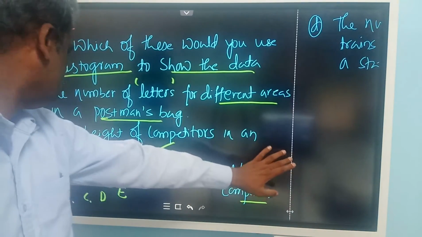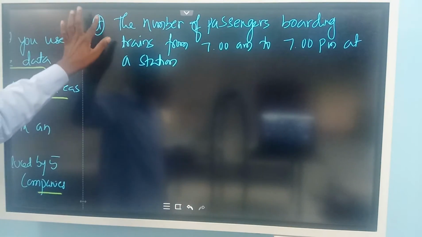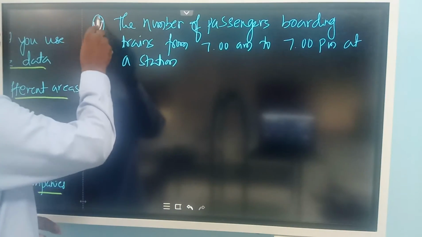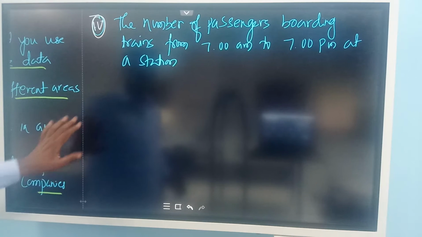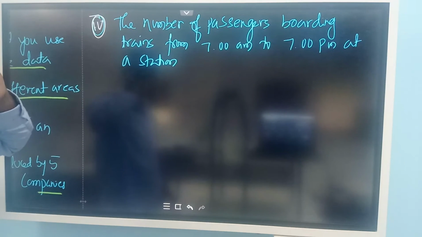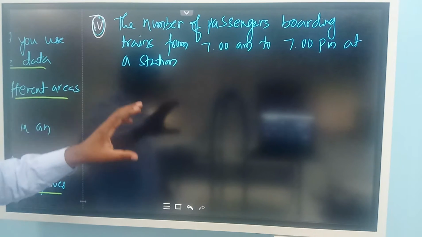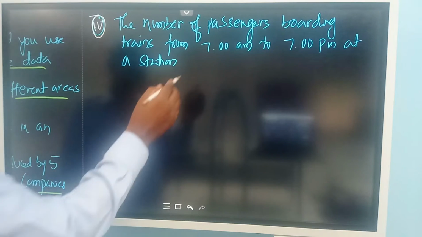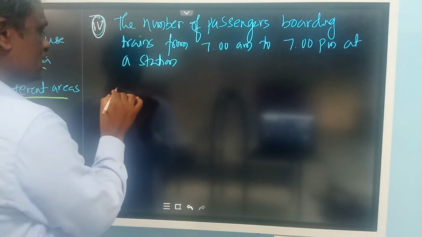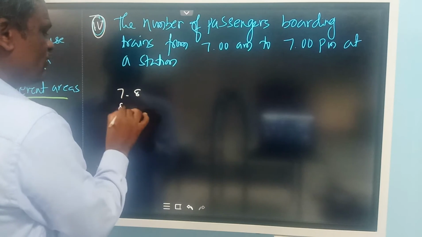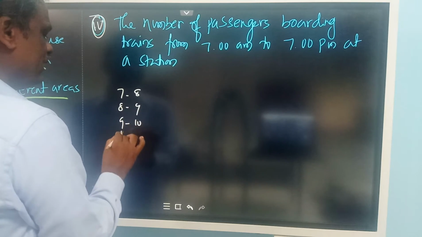Come to another one, the fourth example question. The number of passengers boarding a train from 7 a.m. to 7 p.m. at a station. Is it possible to group this? 7 to 8, 8 to 9, 9 to 10, 10 to 11.